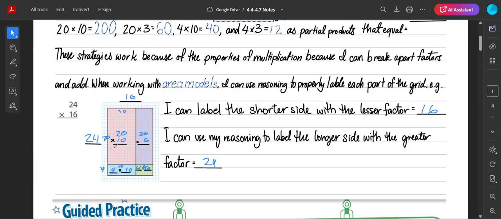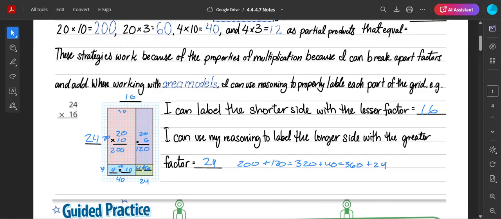20 times 10, well, that's going to give me 200. 20 times 6, that's going to give me 120. 4 times 10, that's going to give me 40. 4 times 6, that's going to give me 24. And I can go ahead and add them up. So I have 200 plus 120, and that gives me 320, plus 40, and that gives me 360, plus 24.